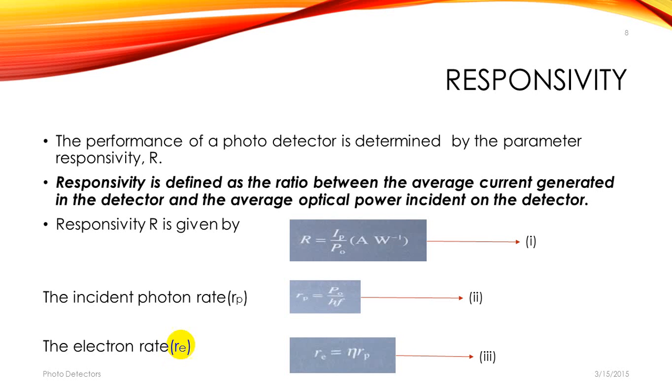The performance of a photodetector is determined by the parameter called responsivity, denoted by R. It is defined as the ratio between the average current generated in the detector and the average optical power incident on the detector, and it is expressed as R equal to Ip by P naught, and its unit is ampere per watt, which is equation number 1, where Ip is the output photocurrent in amperes and P naught is the incident optical power in watts.